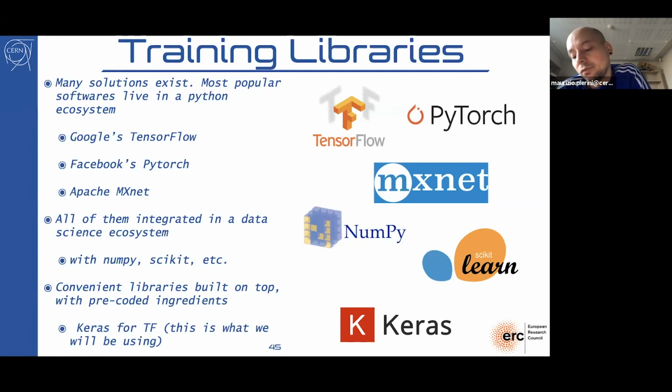But then when you start to become very experienced, very soon you realize that you need more, then you need to go one layer deeper, and then you go back to TensorFlow, which is basically a generic tensor manipulation library that these days physicists are using, not just to do this, which is what the library was written for by Google, but for instance also to do, I don't know, maximum likelihood fits.